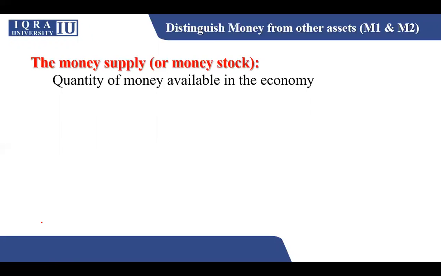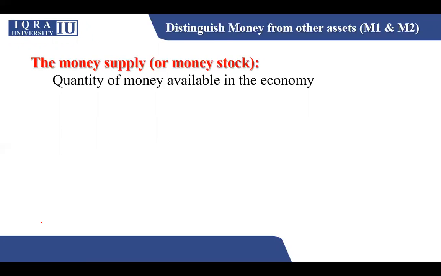Money supply is the quantity of money available in the economy. So whatever money is available in your economy for buying and selling or exchanging goods and services, that is money supply.